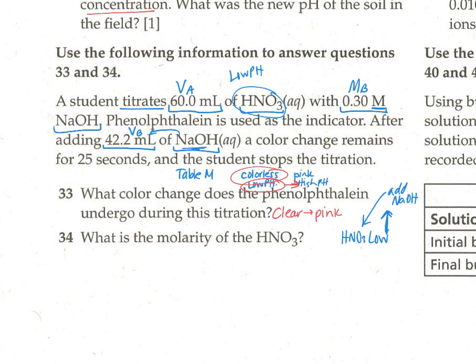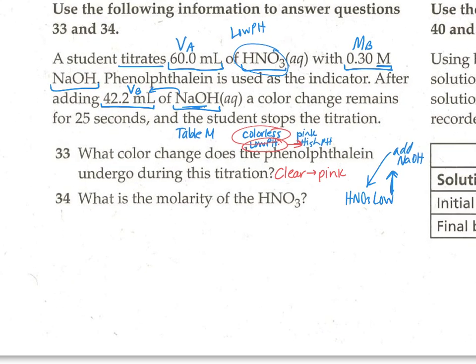What's the molarity of the HNO3? So we're looking for Ma. So the molarity of our acid, we look at NMAVA equals NMBVB. The N is the number of hydrogens in the acid, which is 1. The N is the number of OHs in the base, which is 1. This is our unknown. The volume of our acid is 60.